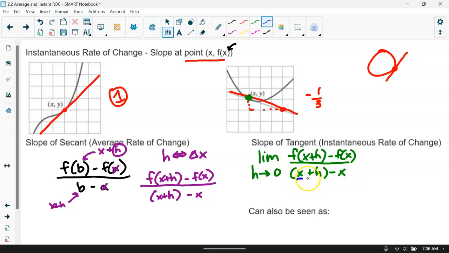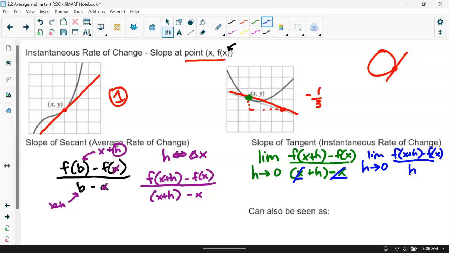Well, what's x minus x? 0. So this limit, as h approaches 0, is f of x plus h minus f of x over h. Notice here we're going to have to simplify because we can't substitute in 0.